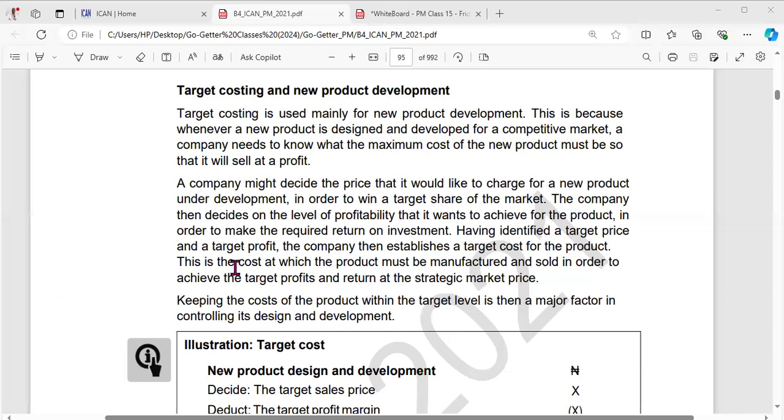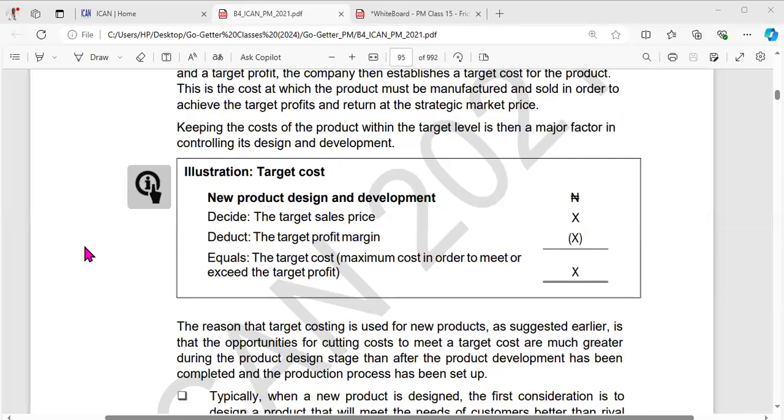Now, look at the process here. First, a new product and design is being made. After knowing the product that we want to make, we need to first determine the target selling price. You may be making a product that somebody else is making, and you check how much people are willing to pay for that product.